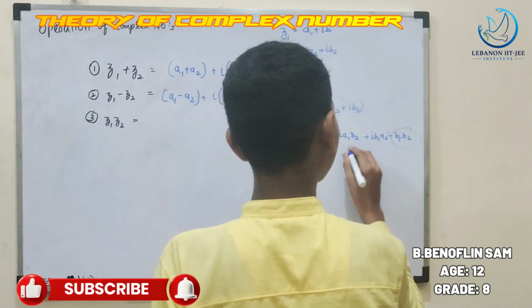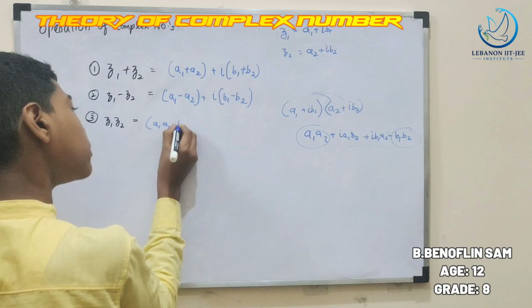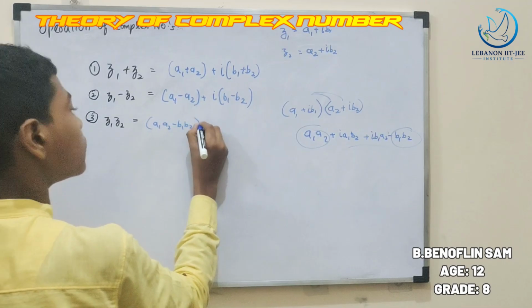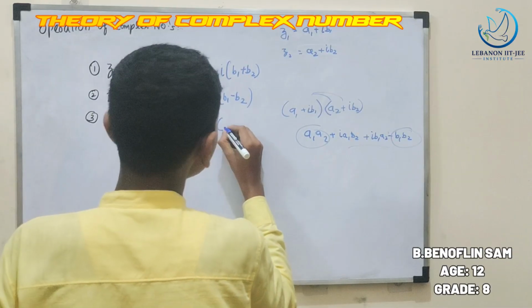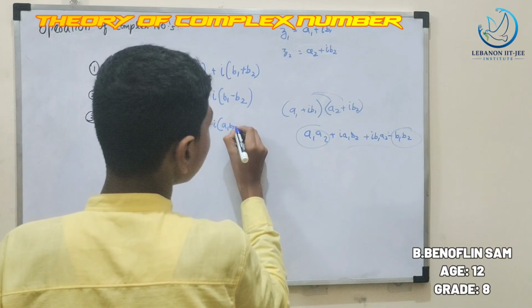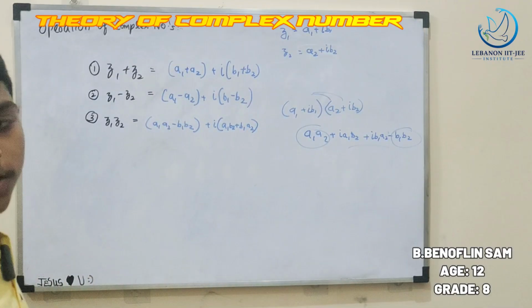Taking common, we get a1 into a2 minus b1 into b2, plus iota into a1 b2 plus b1 into a2. This is for the third one.